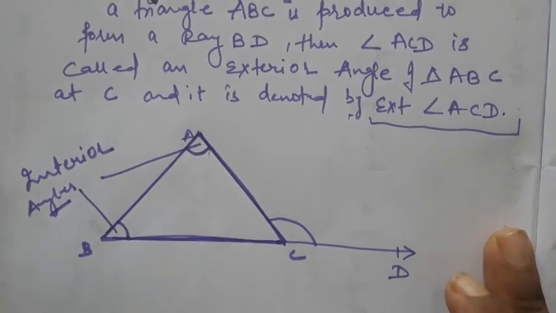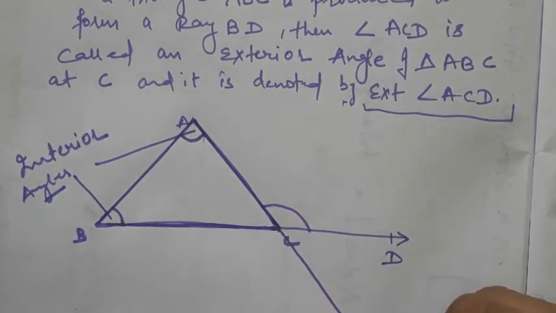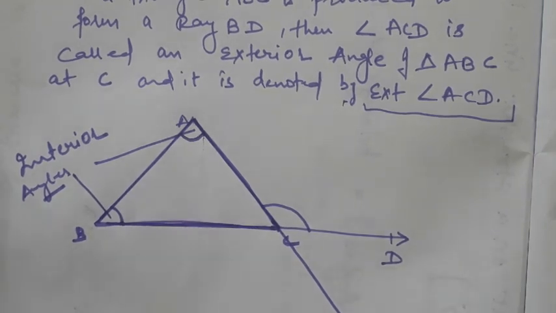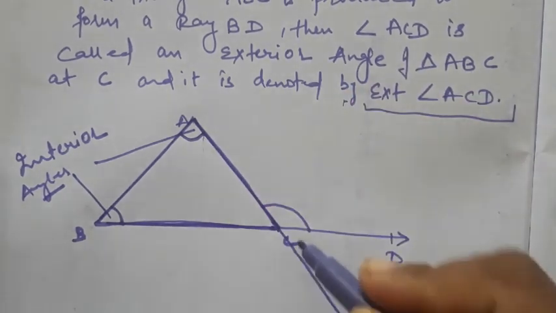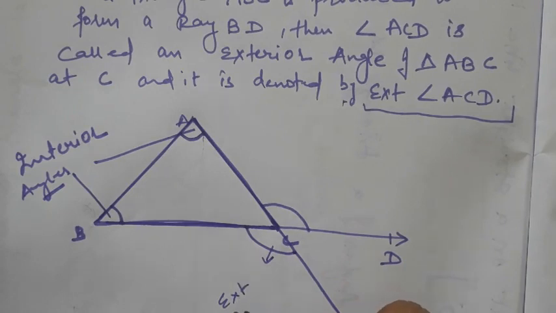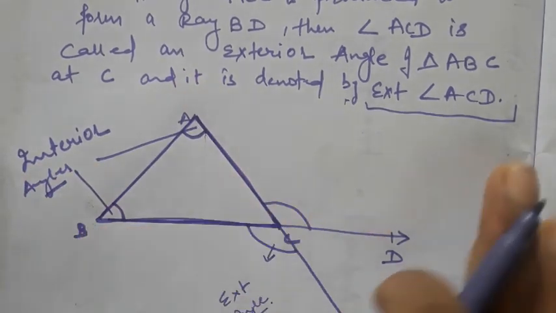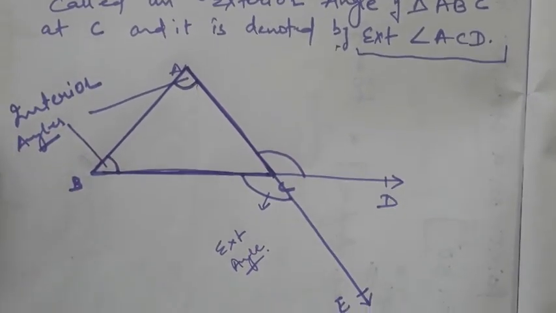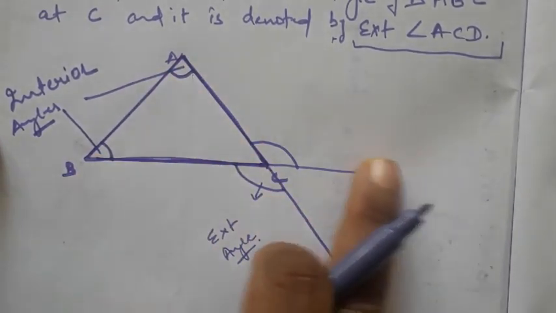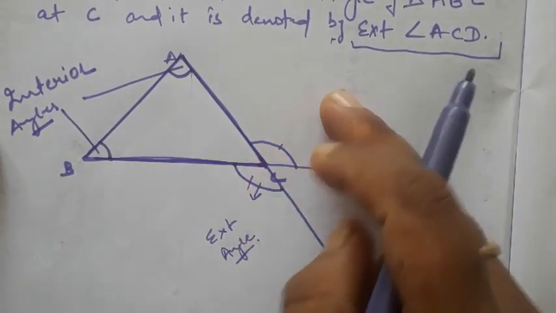Similarly, if I say that the line AC is produced to some point E, then this will be the exterior angle at point C if AC is produced to point E. As these two are intersecting lines, this will be a vertically opposite angle.